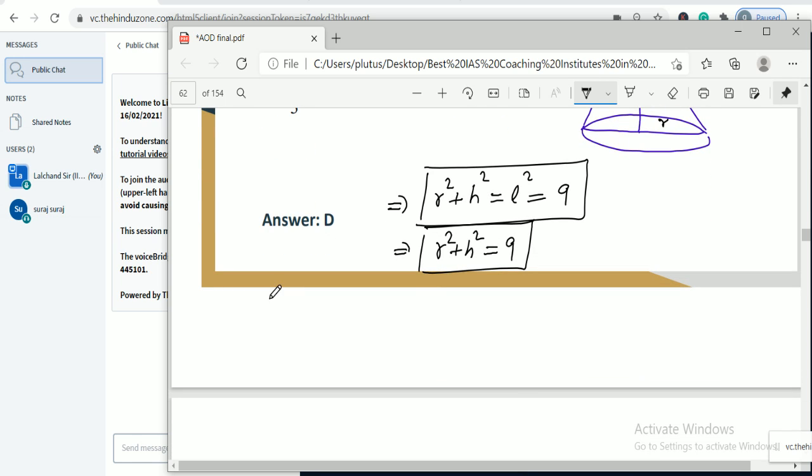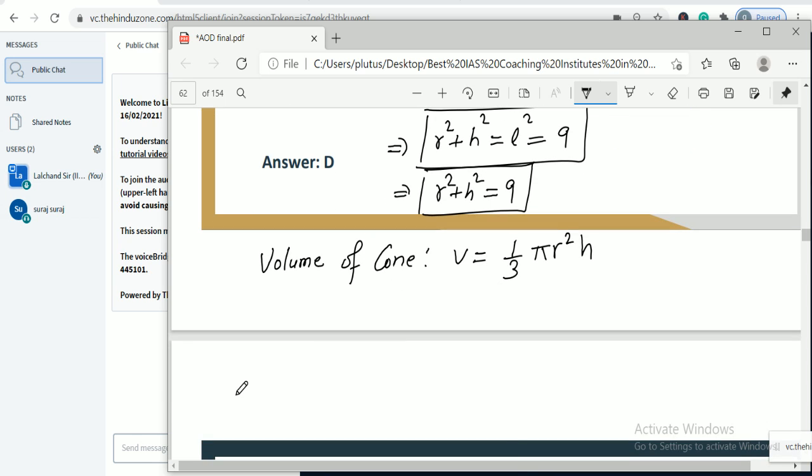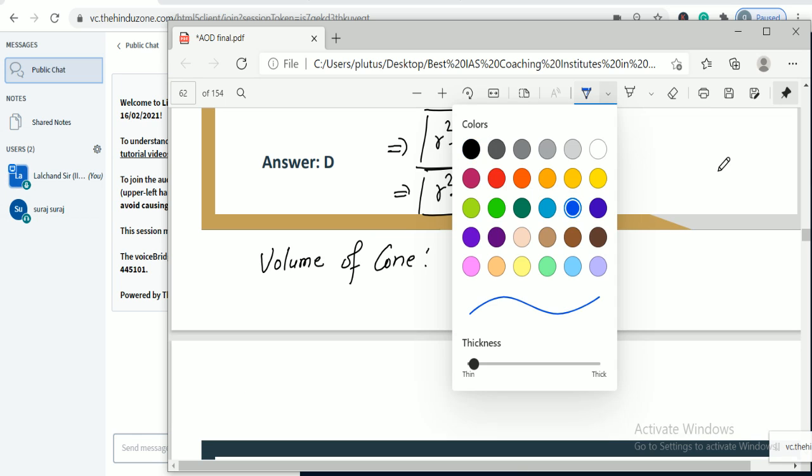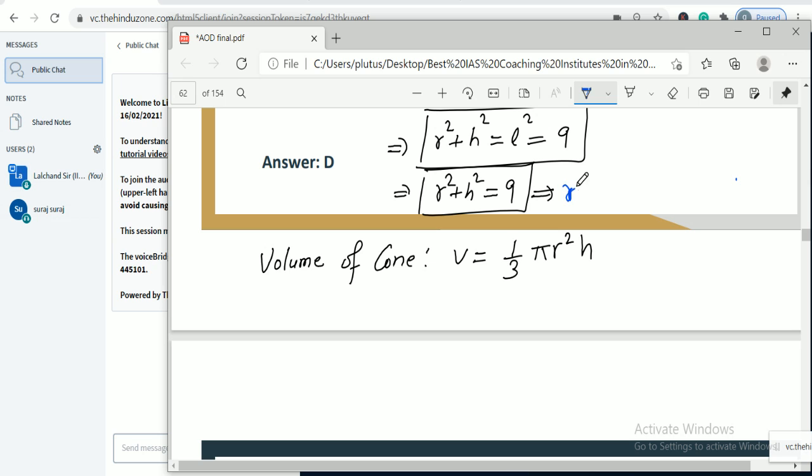And what is the formula for volume of cone? V equal to 1 by 3 pi r square h. This is the formula for volume. So how to solve these two equations? We need to substitute the value of r square from the first equation, so r square equals 9 minus h square.